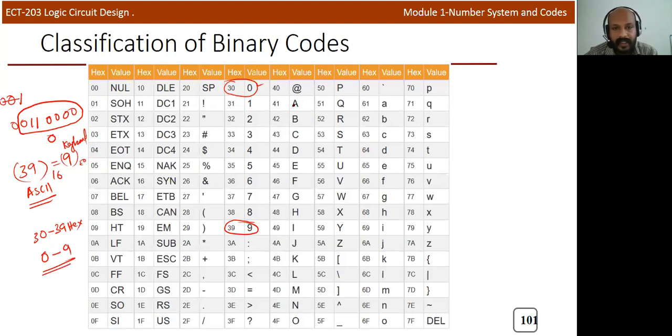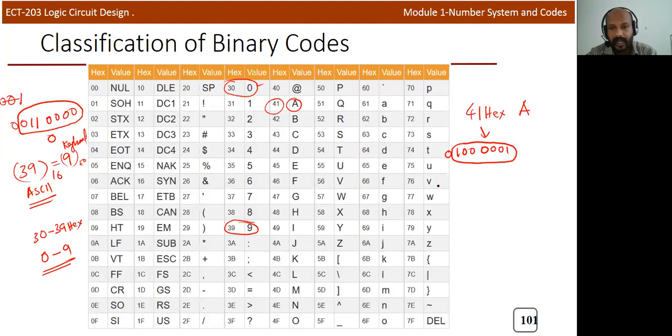Similarly, if you look at the characters, you can see the capital letter A. Capital letter A is represented by 41 hex. Why do we use hexadecimal? We can easily convert it into binary. 4 is 0100 and 1 is 0001, so the valid code is 1000001.